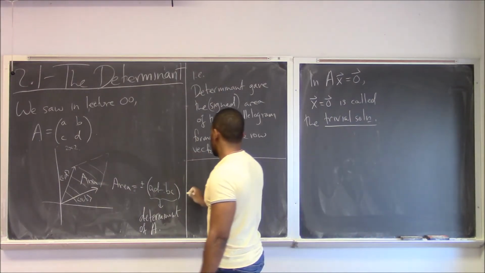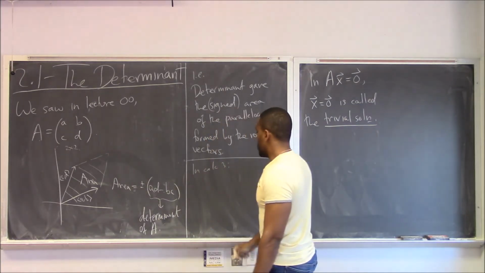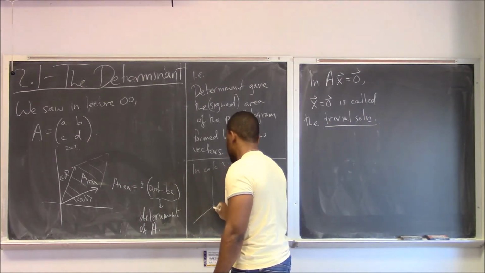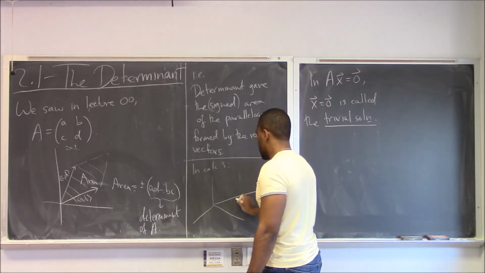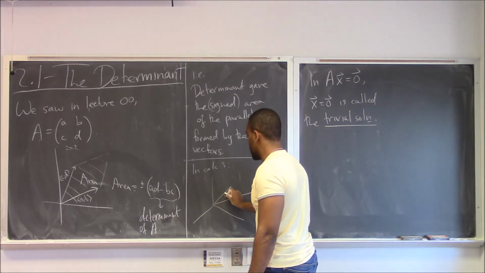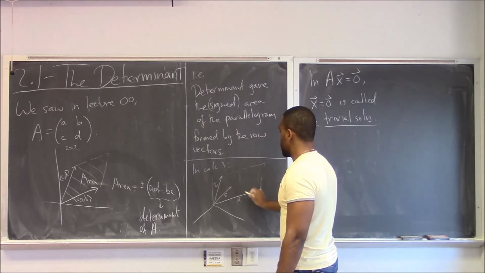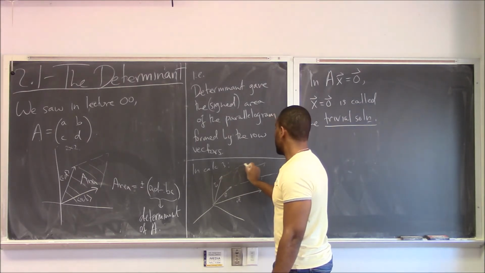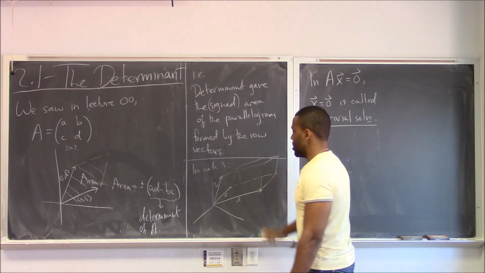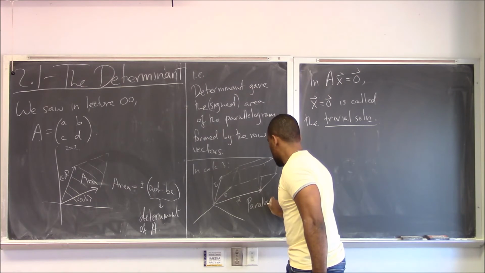Before that, by the way, in Calc 3 you had something called the scalar triple product, which you might remember. If you had 3 vectors A, B, and C, and you created a plane with A and B, a plane with B and C, and connected all of these, you ended up with what we call a parallelepiped.